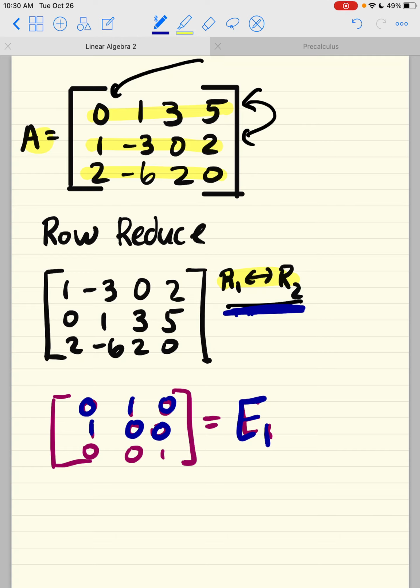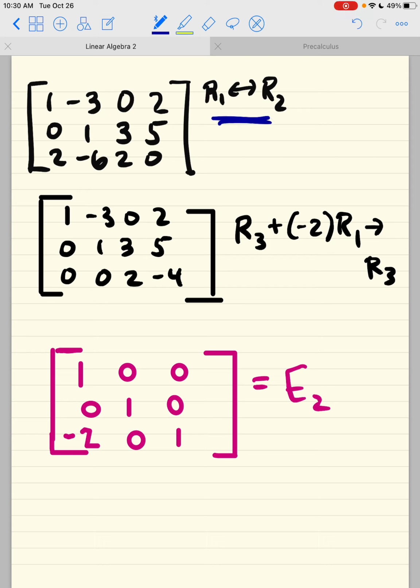So now I'm going to continue. After I switch them, what would my next step be? I'm going to multiply the top by negative 2 and then combine it to row 3. So I wrote that here. And what you do is you go back to the original identity, 1, 0, 0, 0, 1, 0, 0, 0, 1, and you perform this to get your second elementary matrix.